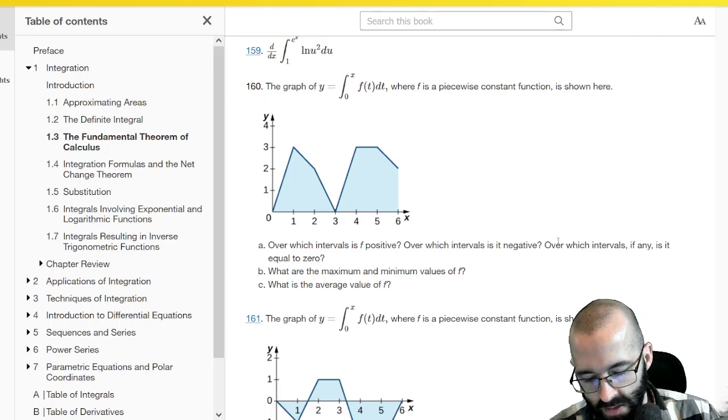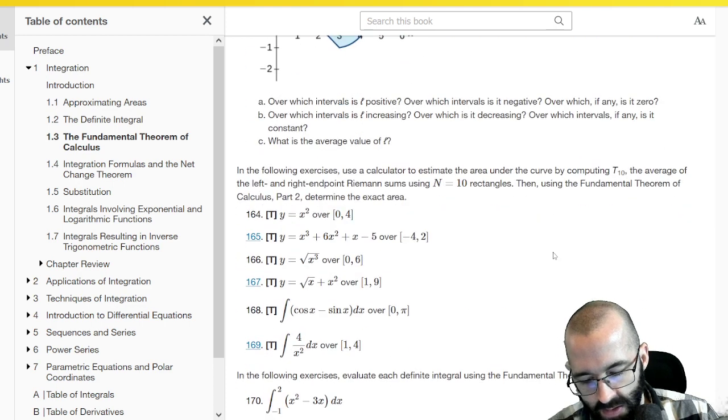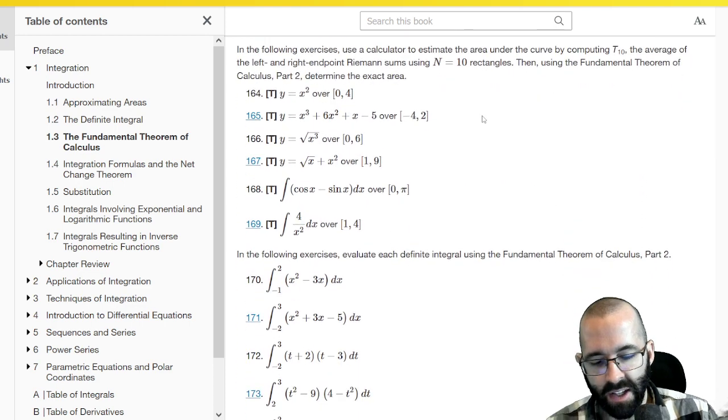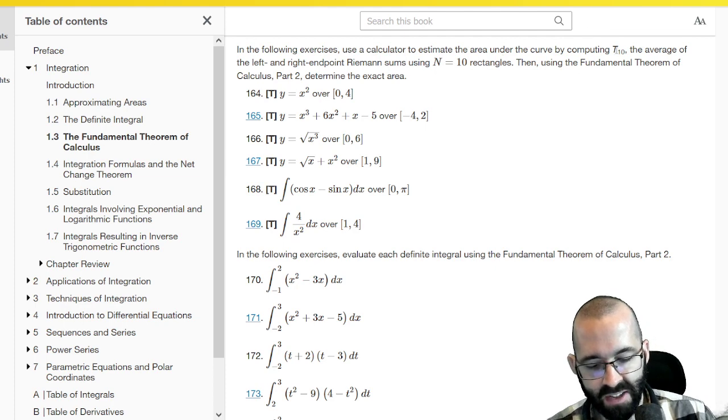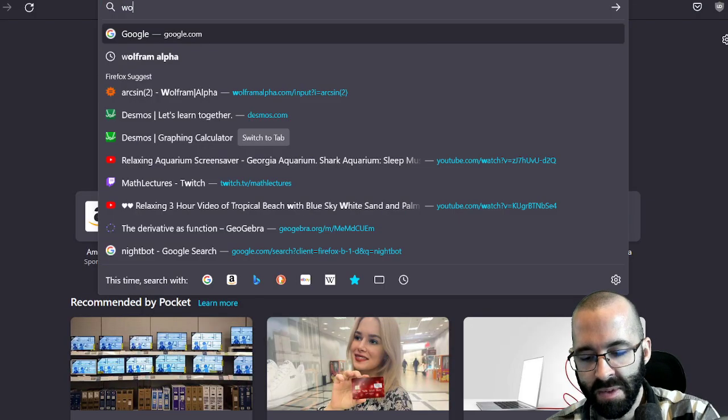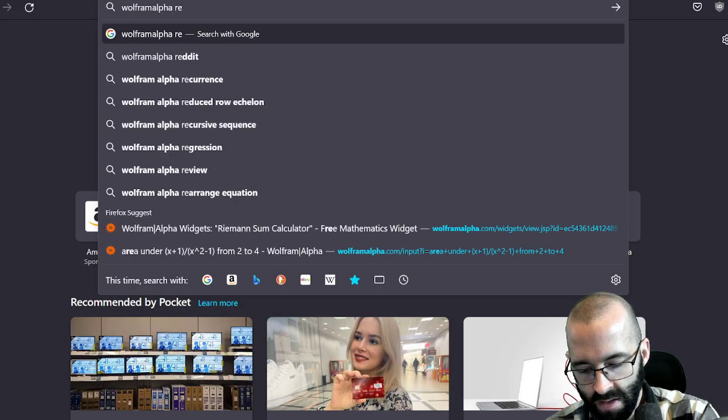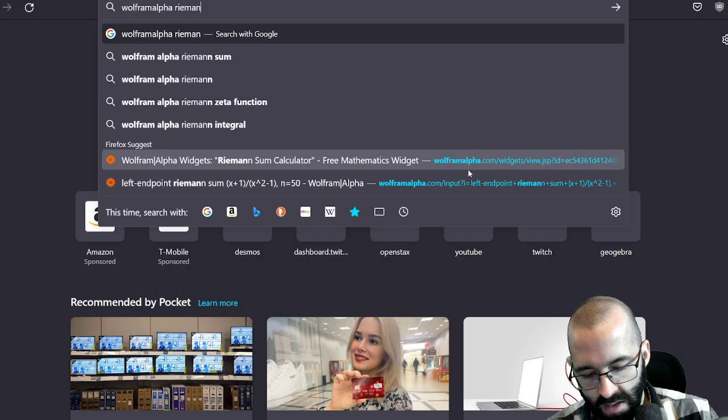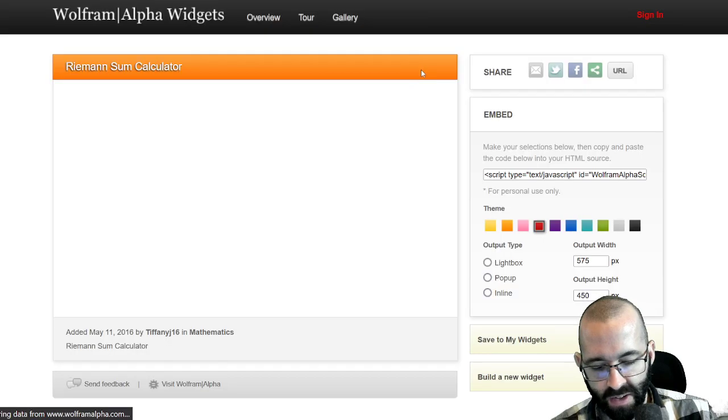166. Use a calculator to estimate the area under the curve by computing T10, which is the average of the left and right endpoint Riemann sums. So we're going to use that website to do it, so you don't have to do it by hand.